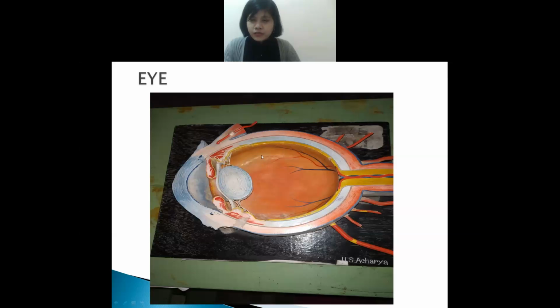Okay, Rinkumani. In the eyes, you have got reflex, right? Can you name the reflex which I have explained to you in the eyes?